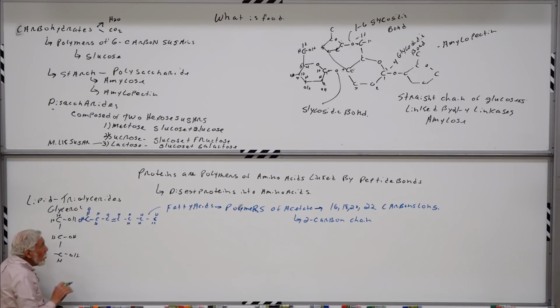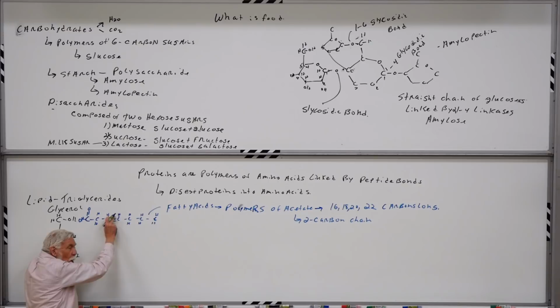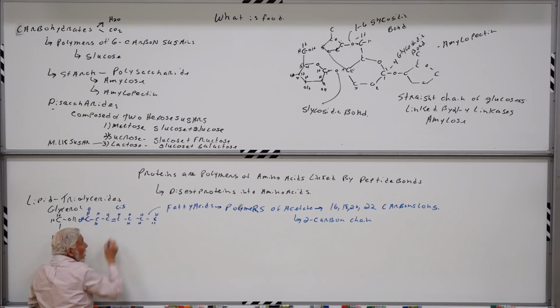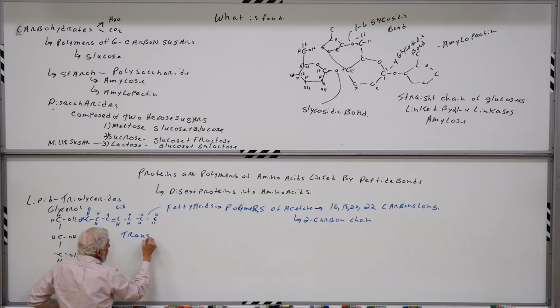Now, in most cases in biology, these hydrogens are on the same side of the chain. This is said to be the cis configuration. But in some cases, we'll find these hydrogens are on the opposite sides of these double bonds, and this is called the trans configuration.